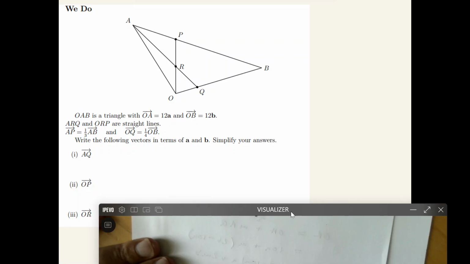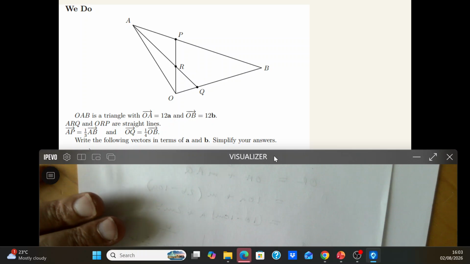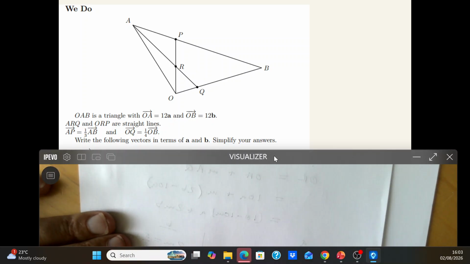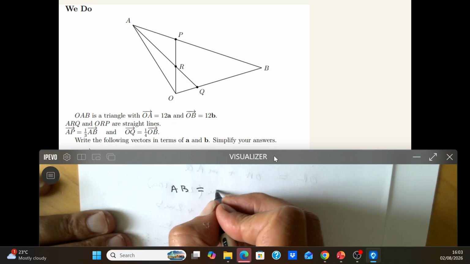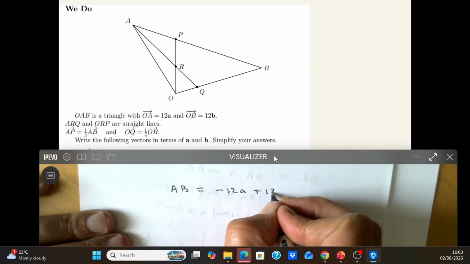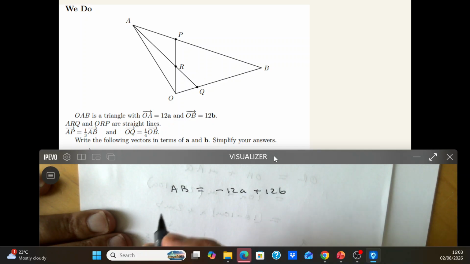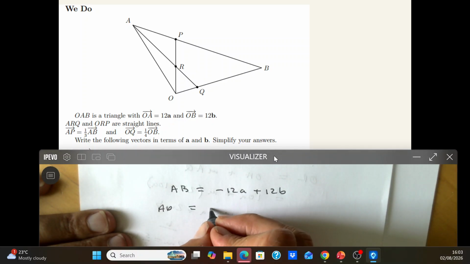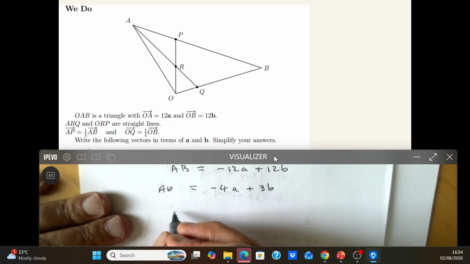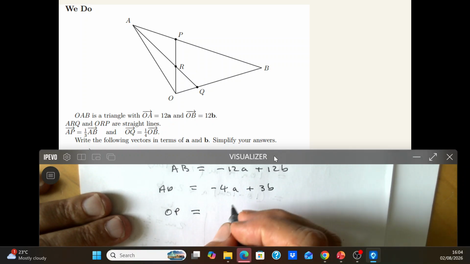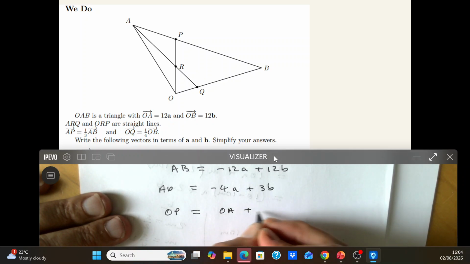Now, part ii is find OP. So what did I find first to find OP? Because it is on the line AB, right, so write down the equation for the line AB. You know AP is what fraction of AB in the question? So I'm just going to divide that all through by 3. So I've now got AP. What does OP equal? OA plus AP.